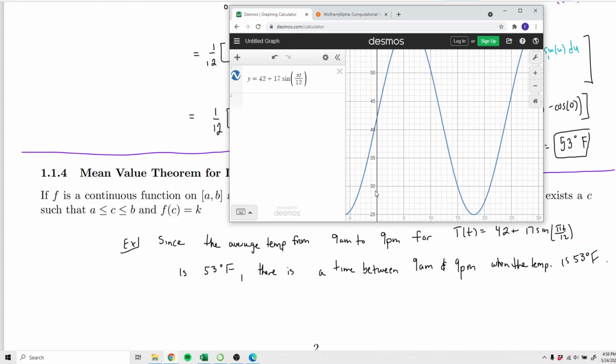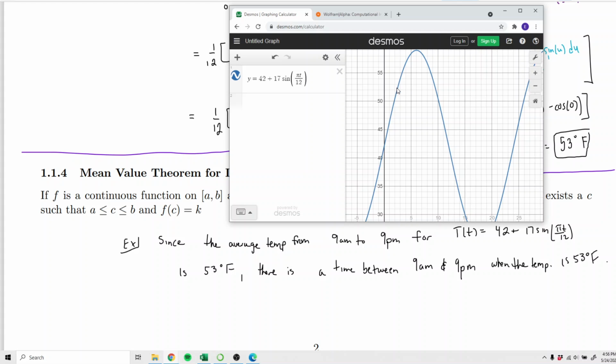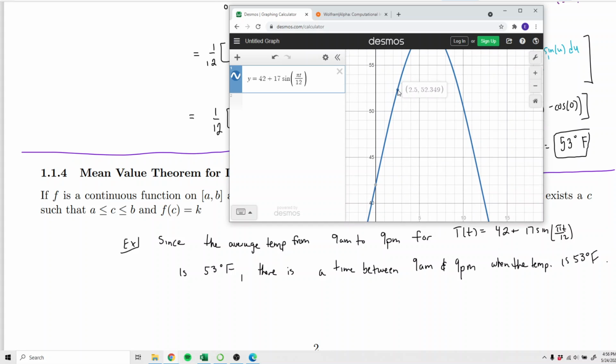So 0 is right here, and then 12 is right here. Well, 53 is right here, and you can see that roughly at 2.66, it does equal its average, pretty close at least. We can find its average because it's between 52 and 53 here, and the average is somewhere between it, so somewhere around 2.6. And it also hits the average again over here at around 9.